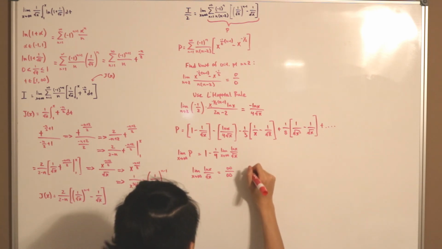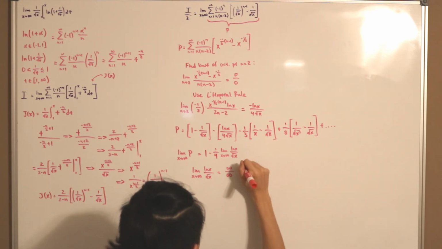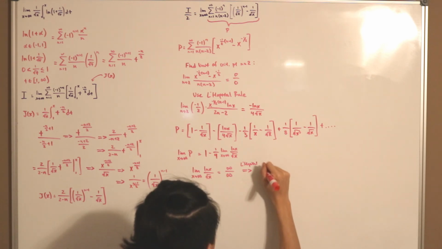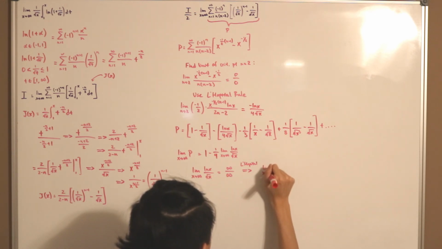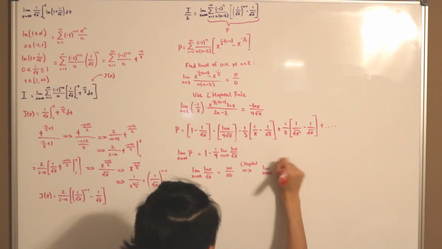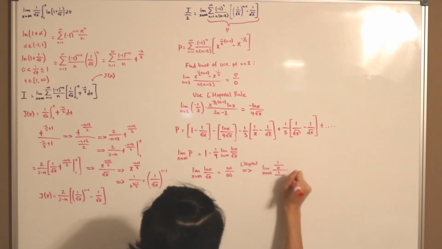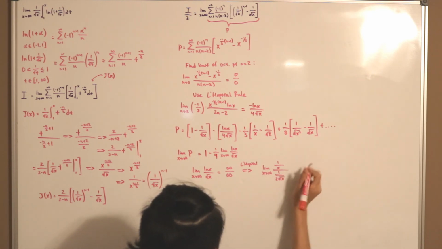This means we take the derivative of the top. So the limit as x approaches infinity of 1 over x, then divided by the derivative of the square root of x, which is 1 divided by 2 times the square root of x.